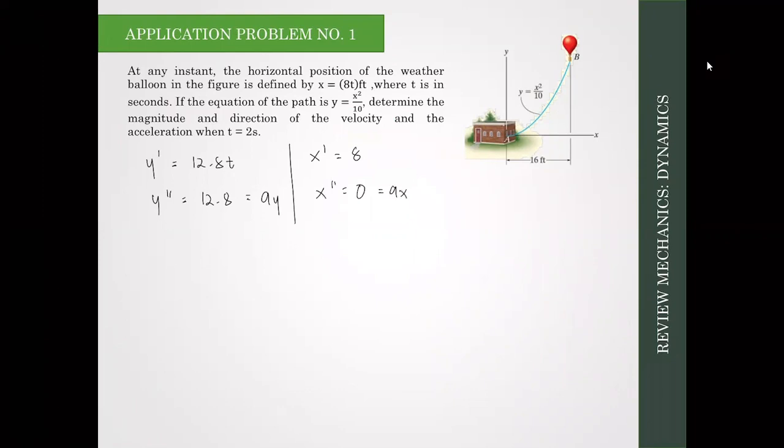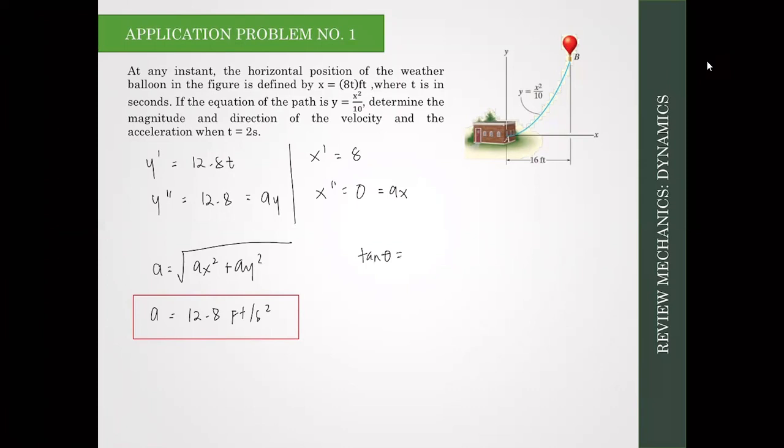Okay? Then, getting our magnitude is just the square root of ax squared plus ay squared. So, that will be 0 tas 12.8. So, pag plug in mo, lalabas lang ulit yun. 12.8 feet per second squared yung value ng ano natin. Okay? And then, para naman sa direction niya, so, tangent theta is equals to ay over ax.